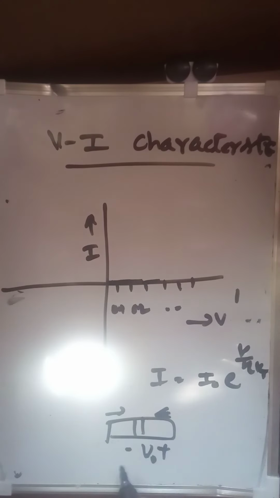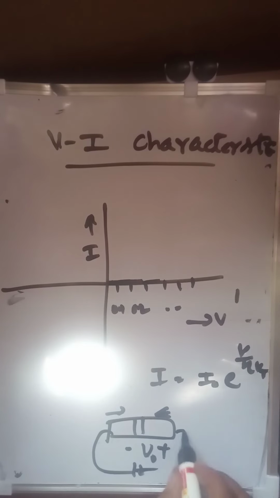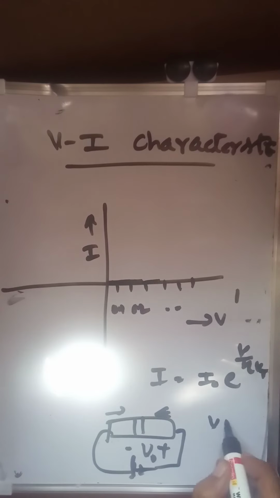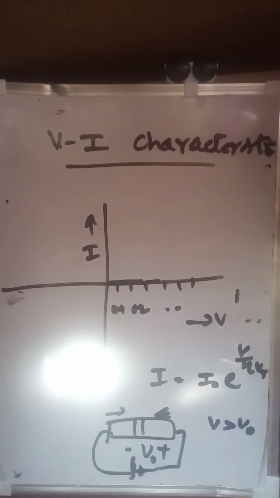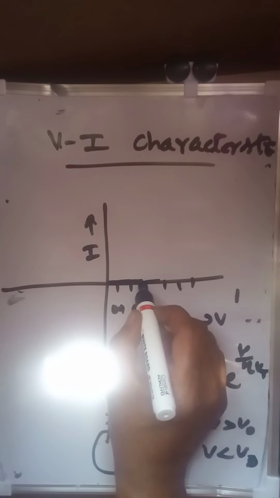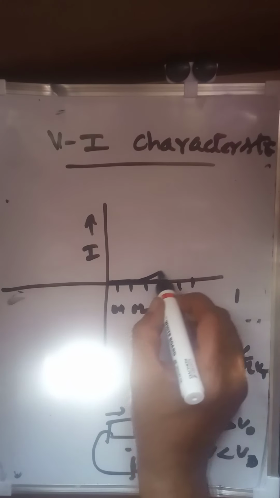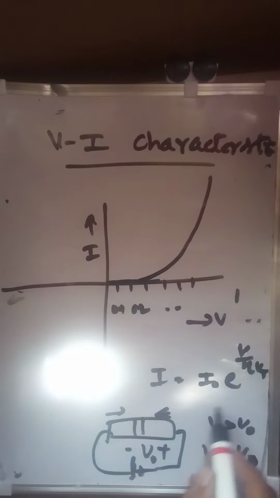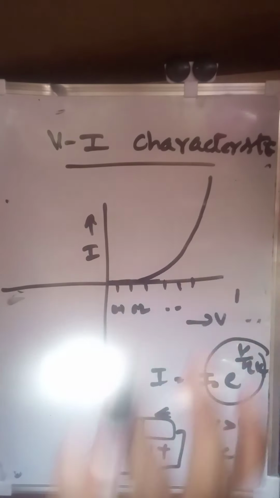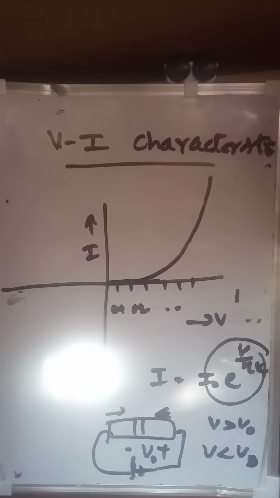If the applied voltage is greater than V naught, only then does the current start moving. If V is less than V naught, there is no current. That's why up to a certain voltage the current is 0, but from there onwards it increases exponentially, due to this relation.